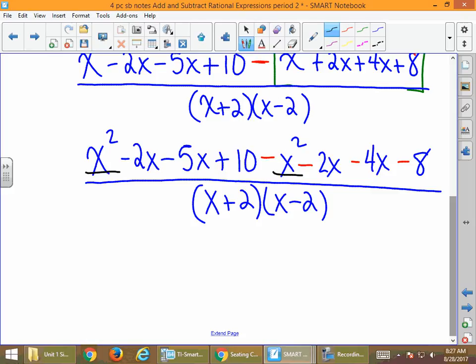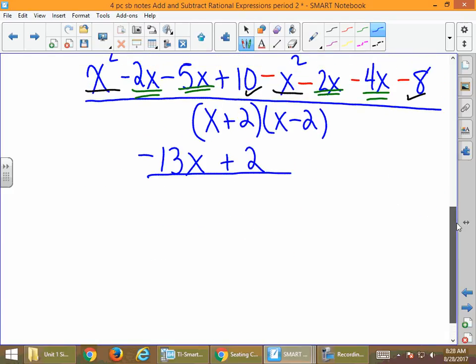We have negative 2x minus 5x minus 2x minus 4x, so negative 13x. And finally, we've got a plus 10 and a minus 8, which is going to be plus 2.